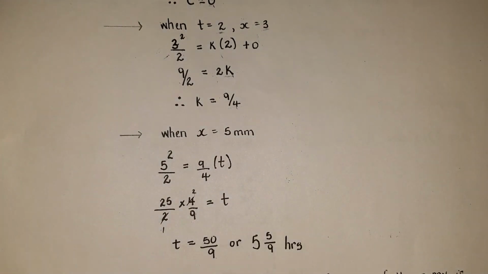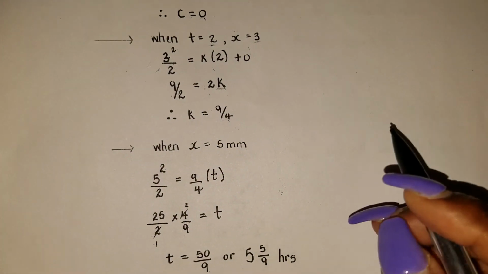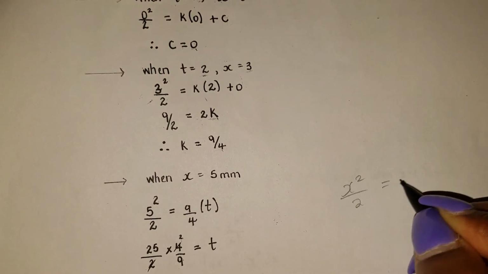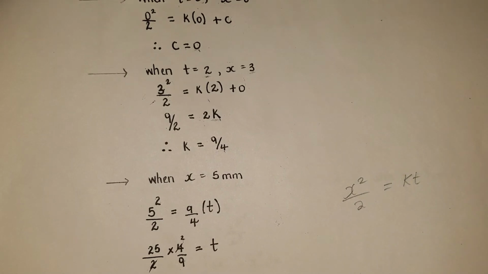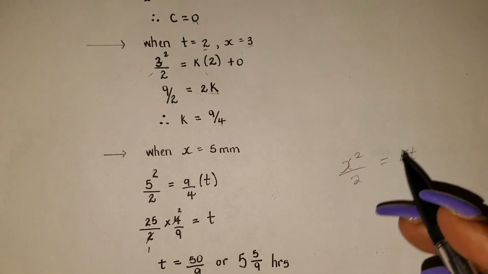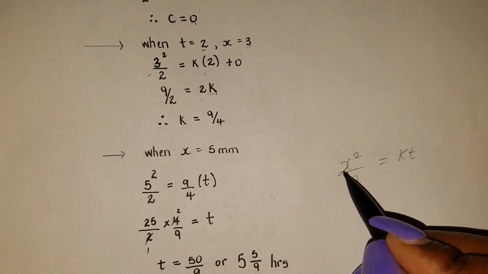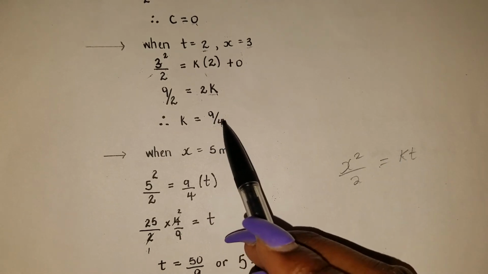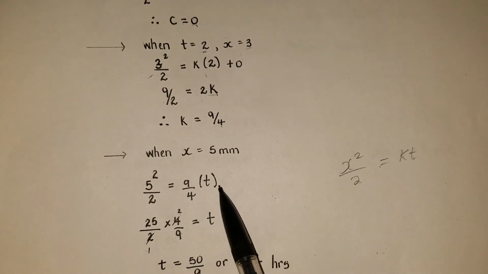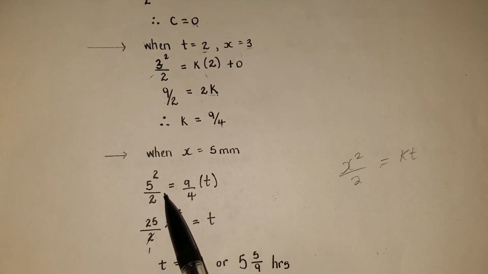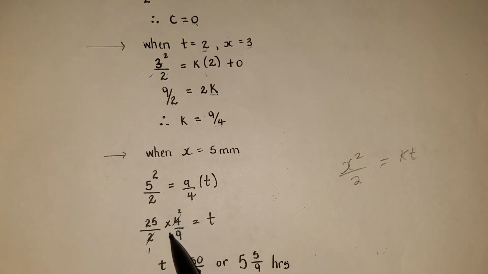So once more, we're going to the differential equation. Let me put it here. X squared over 2 is equal to KT. So we're finding T when X is 5. Now, this gives us 5 squared over 2 equals K, which we found to be 9 over 4, times T. So when we solve for T, this 9 over 4 that's multiplied is brought to the other side and gets reciprocated.